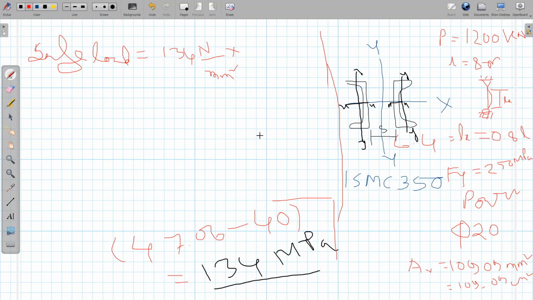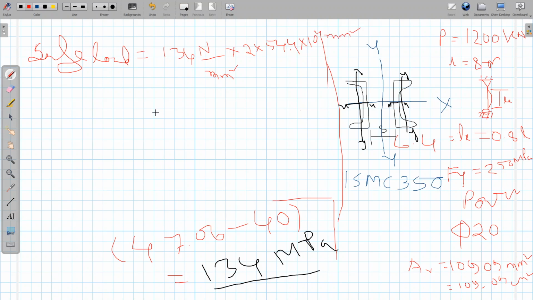If you remember, we have used a section whose area was 54.4 cm square. So 2 into 54.4 cm square, and to convert it into millimeter square, multiply by 10 square.